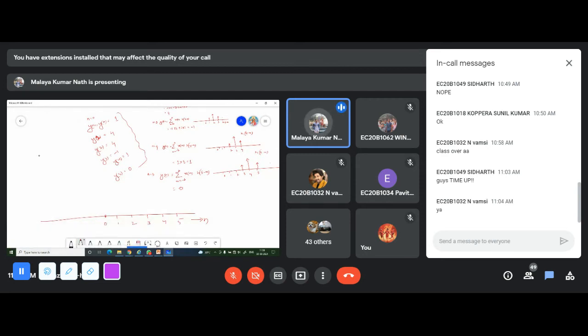Y of 1 is giving rise to 4. Y of 2 is also giving rise to 4. Y of 3 is giving rise to minus 1. Y of 4 is giving rise to plus 1. Y of 5 is 0. So this is called your convolution output, that is equal to y of n in the discrete domain.